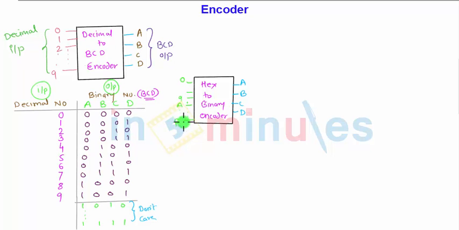So the hex number is converted into 4-bit binary, meaning there are 16 input lines from 0 to F, and you are going to encode 16 into 4. So this is all about the encoder.